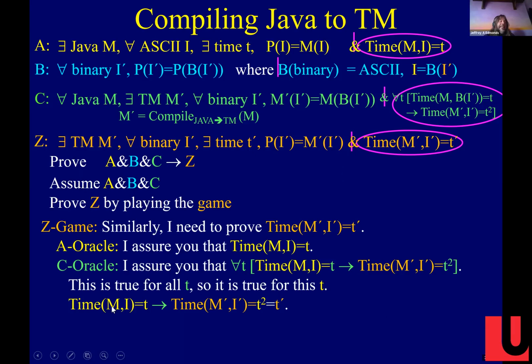We know that if the Java program has time t, and the Java program does have time t, then our Turing machine has time t squared. That's fantastic, because I set t prime to be t squared. And so we're done. That's the entire proof.